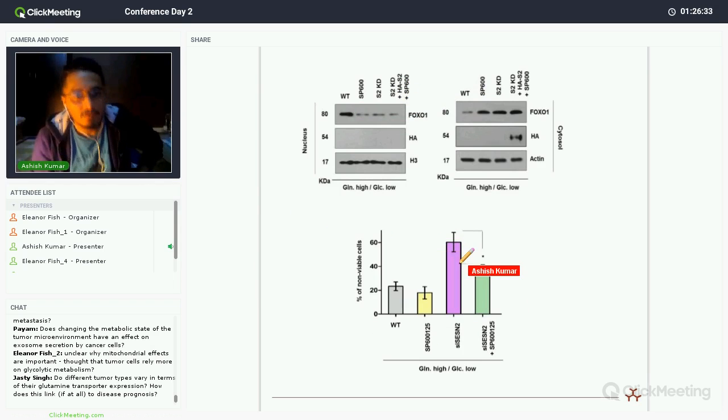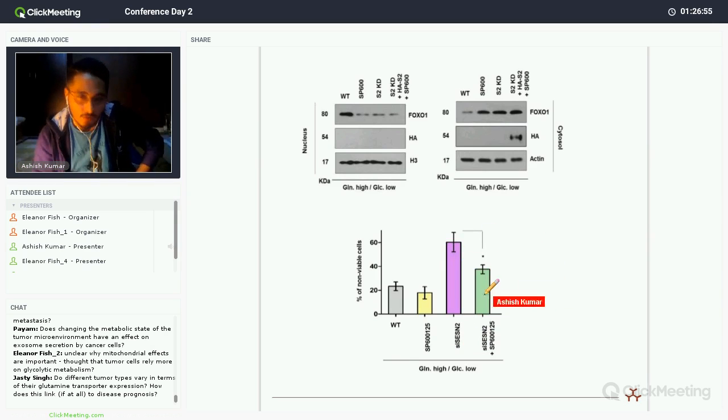On the other hand, when we checked the viability of cells under these conditions, there was a marginal difference in cell death, but as we found earlier also, downregulation of Sestrin2 resulted in more cell death.